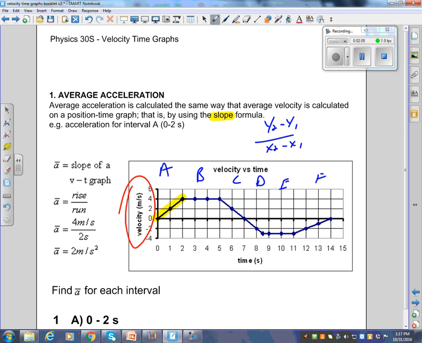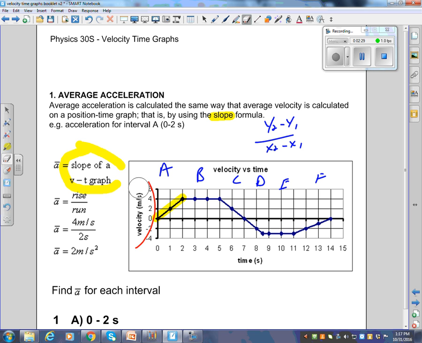Okay, so this is A, and then this one is B right here, and then C goes down to there, and then D goes to there, and then this is E, and then this is F, okay? So we're going to find the average acceleration for interval A, and that means finding the slope. So let's do that.